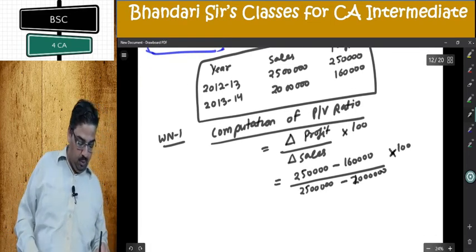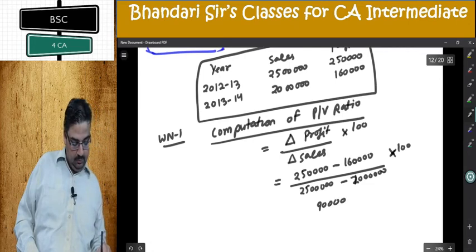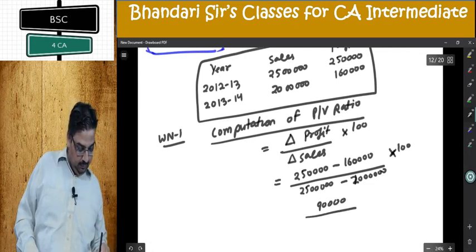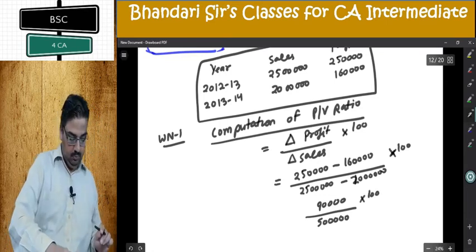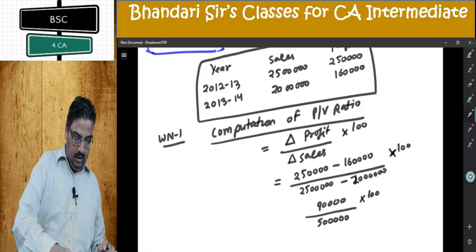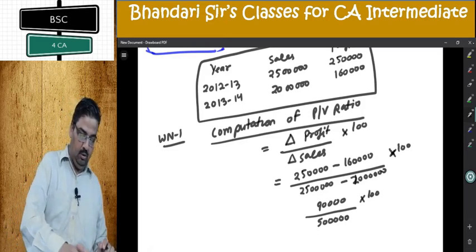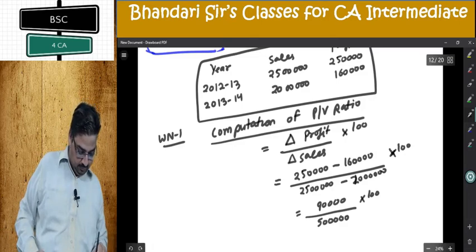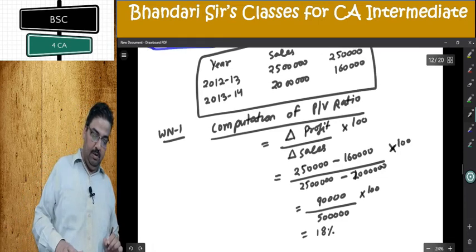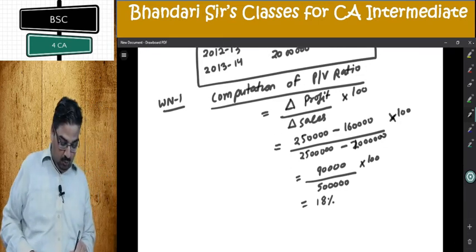So once I compute, 90,000 divided by 5 lakh into 100. 18%. 18% is PV ratio. Now part 1.